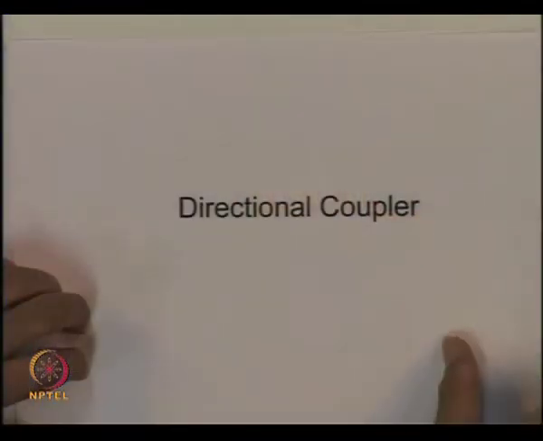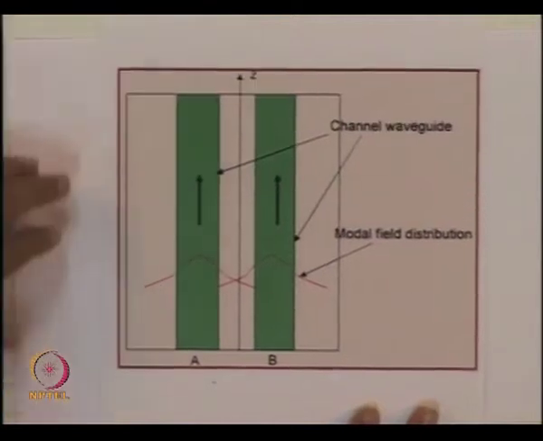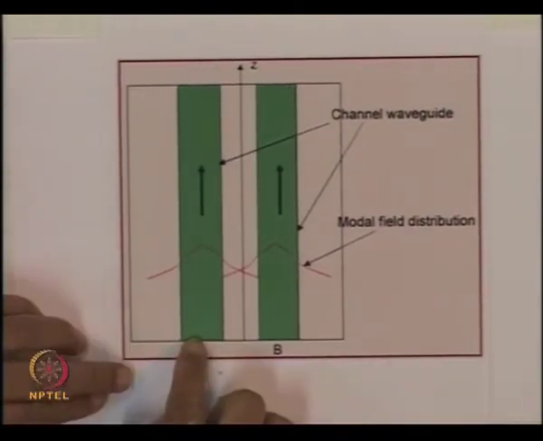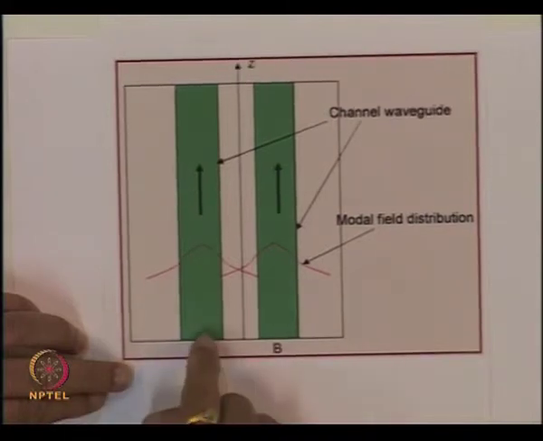So now we are discussing essentially a device which is the directional coupler, in which we have two identical channel waveguides, and we excite one of the waveguides, and then through the evanescent field we want to know how the power gets coupled to the second waveguide.